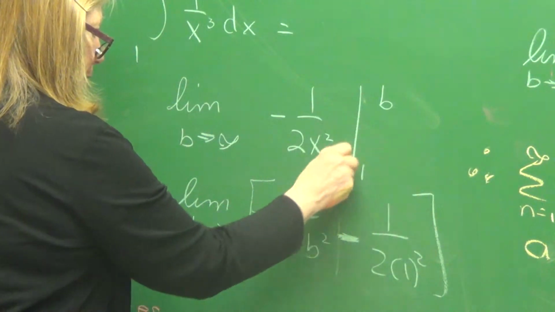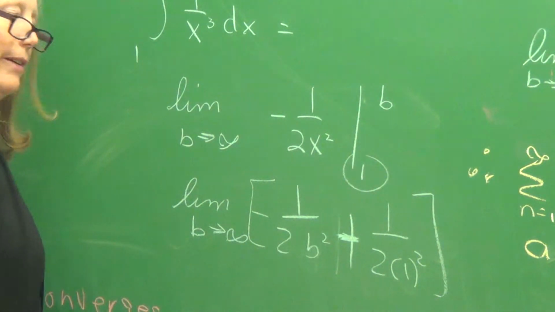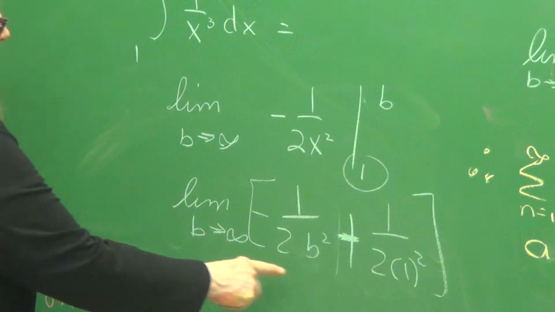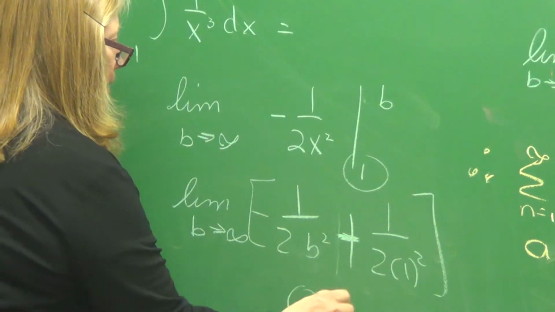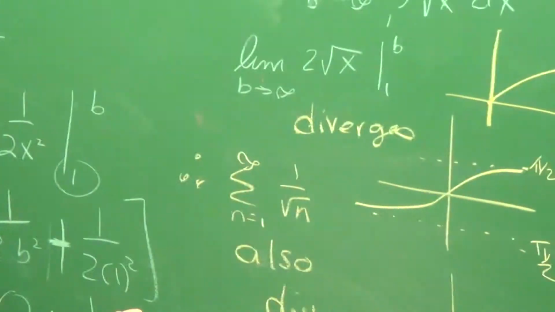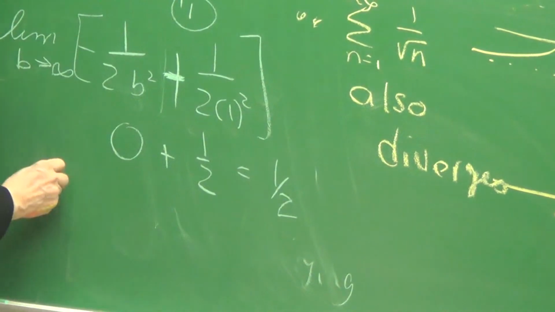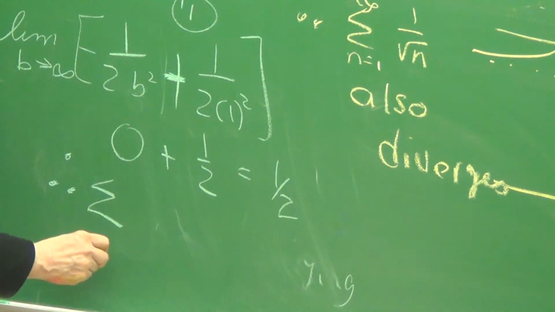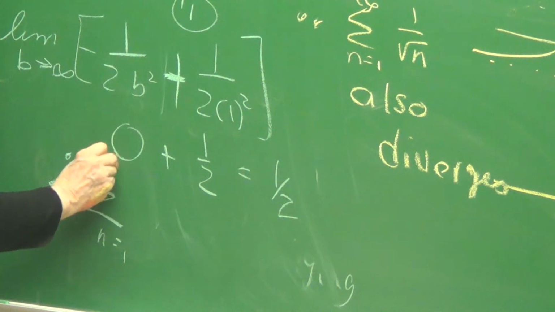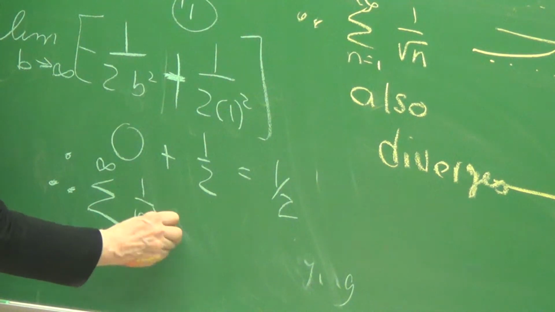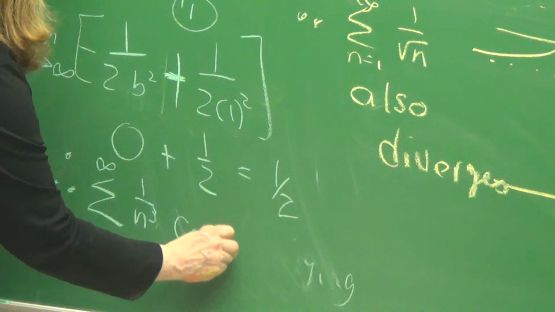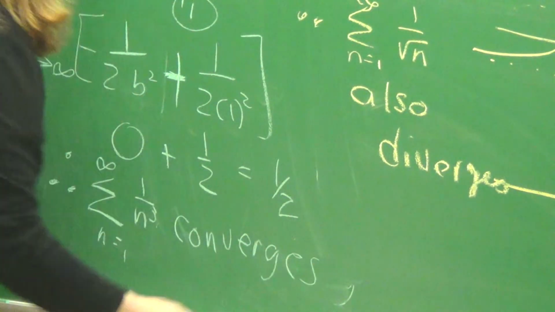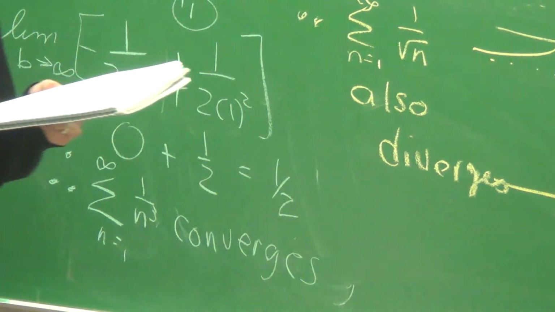We subtract it because we're putting in the lower limit, so it's negative. So what do we end up with? 0 plus 1/2, which is 1/2. Therefore, the series n equals 1 to infinity of 1 over n cubed converges. Does it converge to 1/2, class? No. It converges to something, but not that.